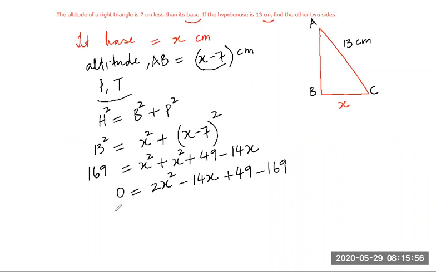Anyway, I have taken that to the other side, so 0 is equal to 2x square minus 14x minus 120. Let's put 0 on the right side. Please solve this: 2x square minus 14x minus 120 is equal to 0. Now, can I ask Sukhpreet Kaur to tell the next steps?